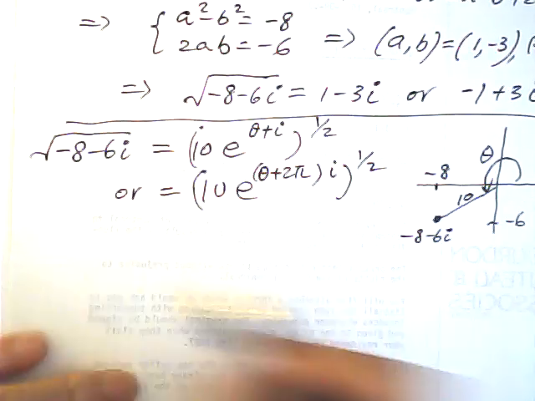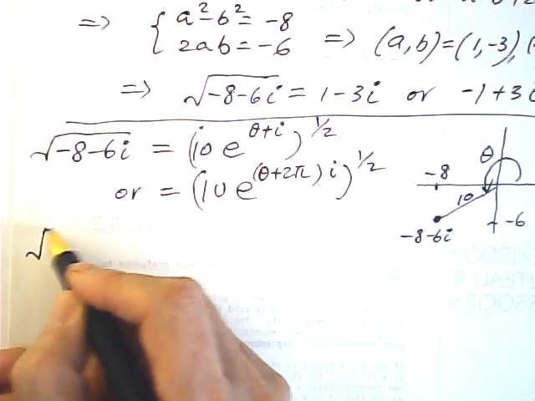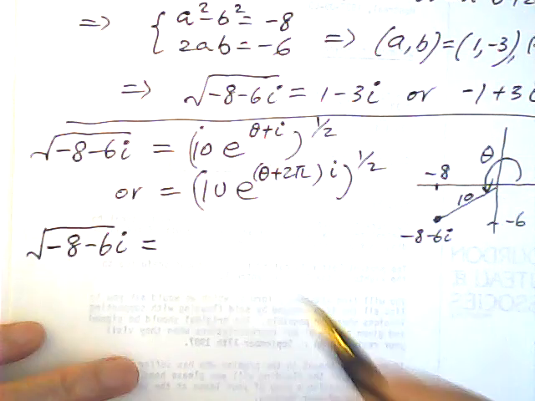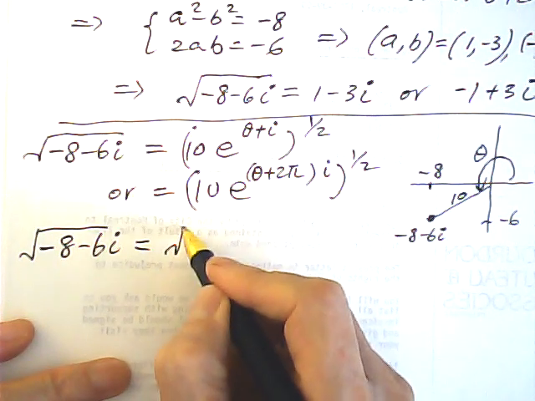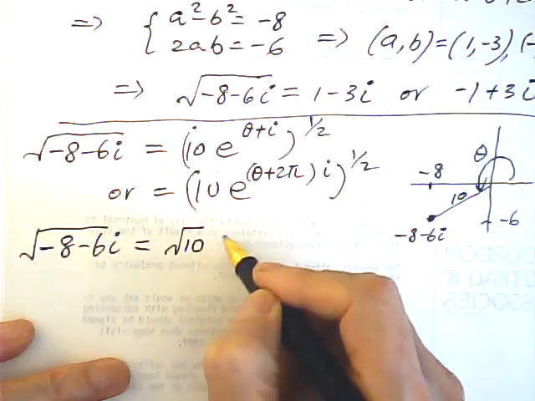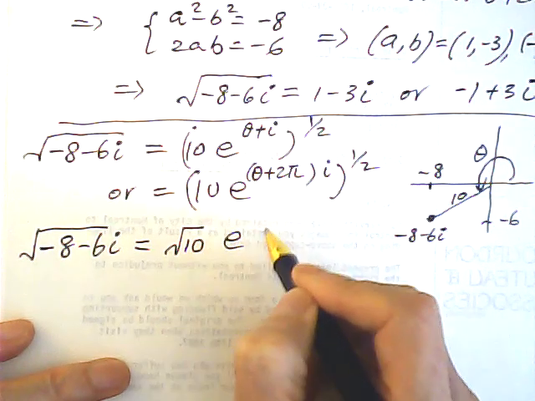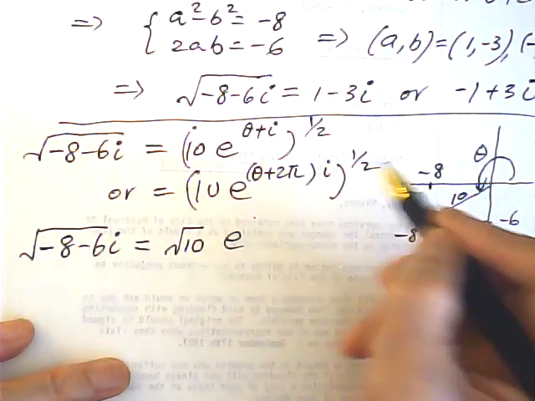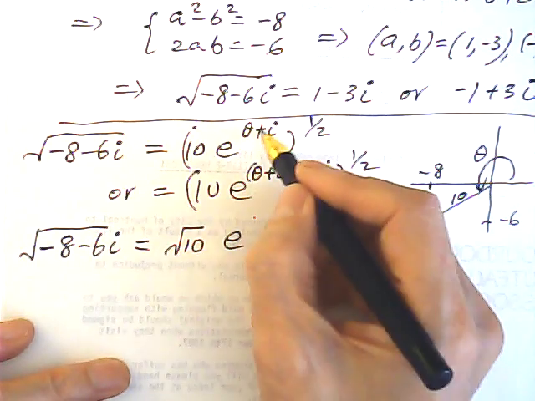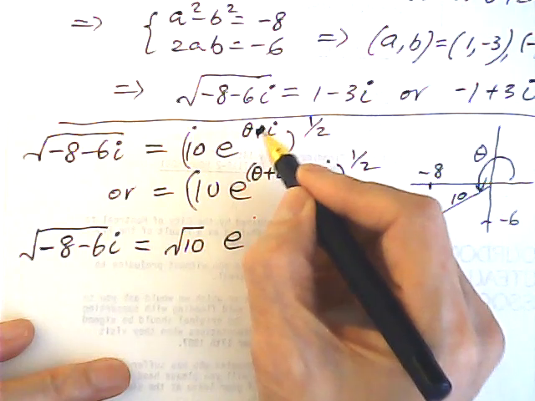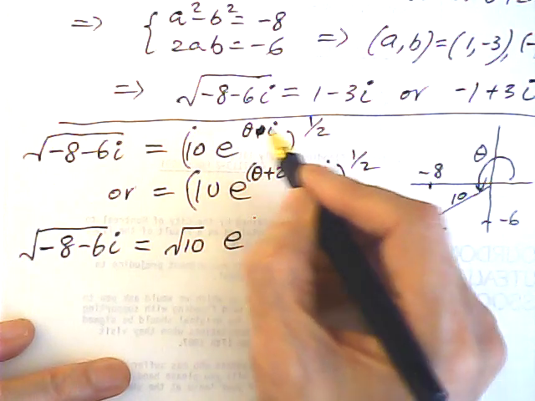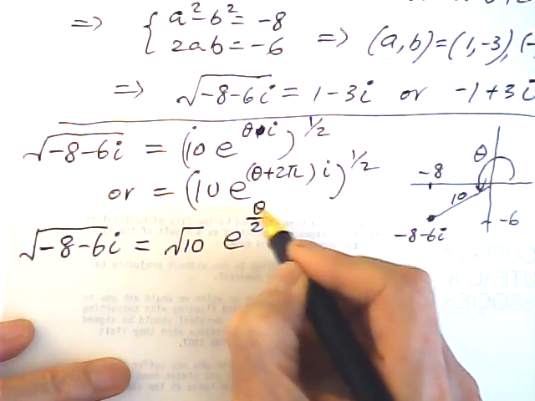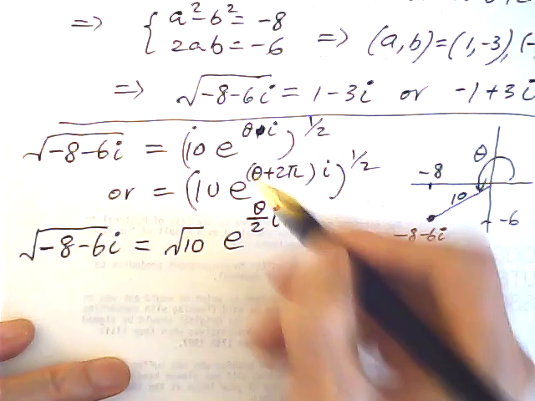Then this square root is equal to square root 10 e to the half theta i. That is the first one.